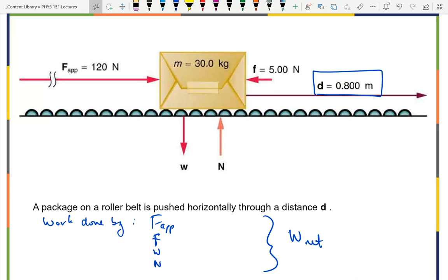Is the force applied 120? There's no theta, so it's force times x times cosine.